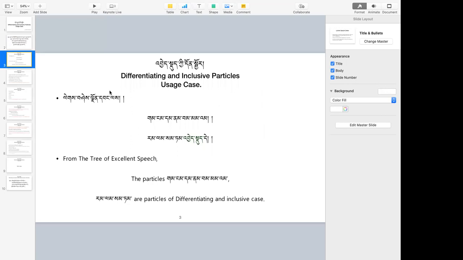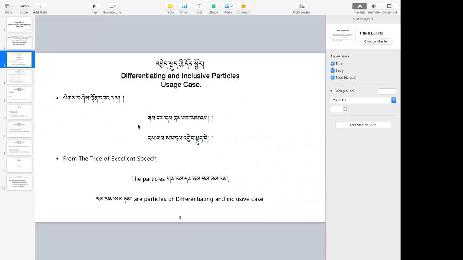We are going to revisit this particular verse. We have already discussed it during our class on the introduction to the differentiating and inclusive particles.